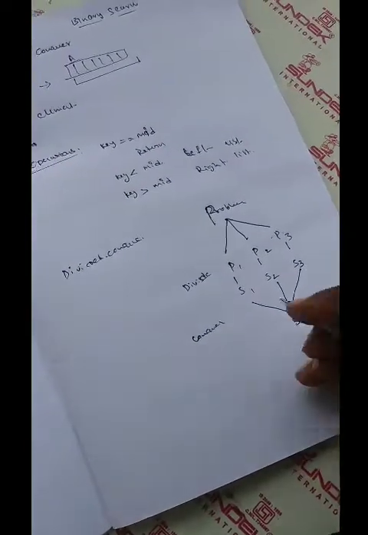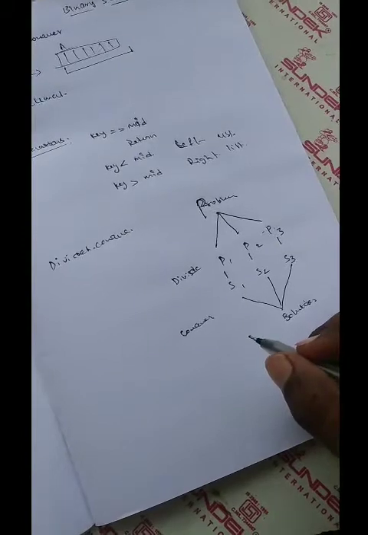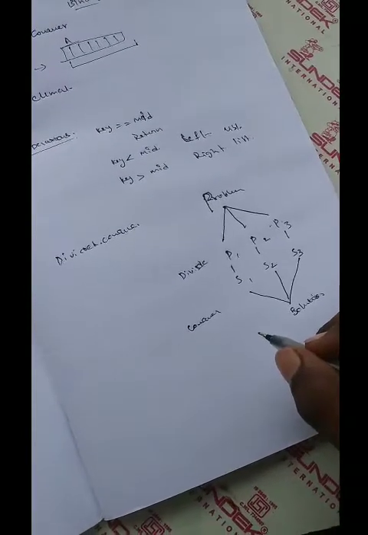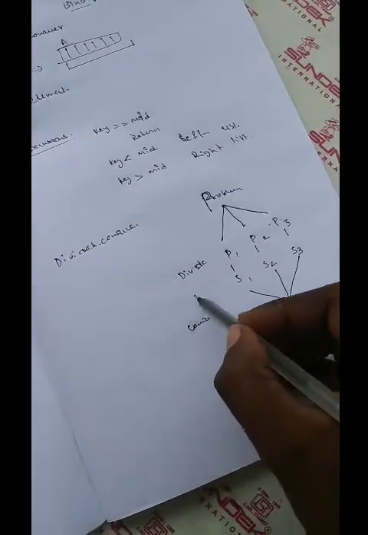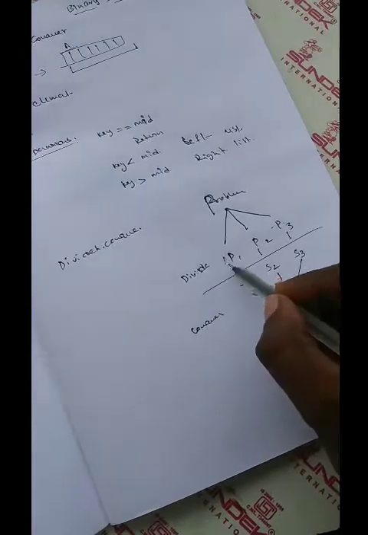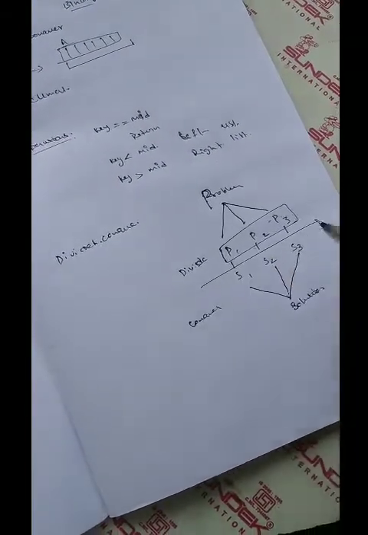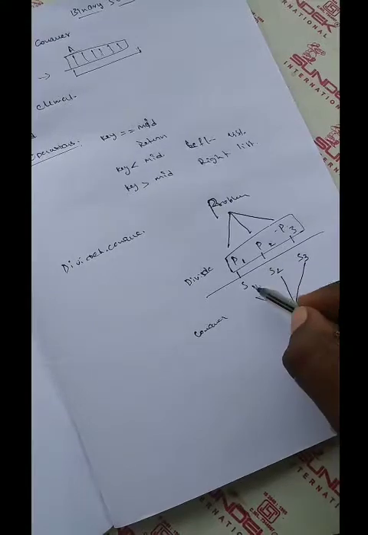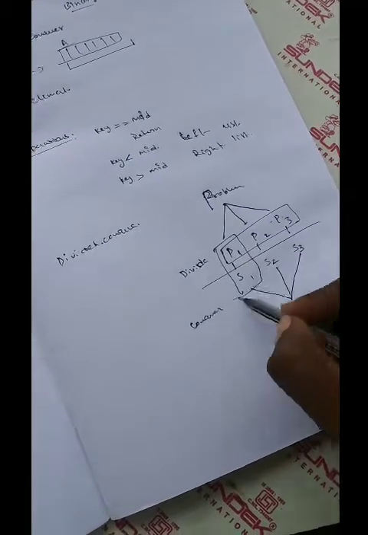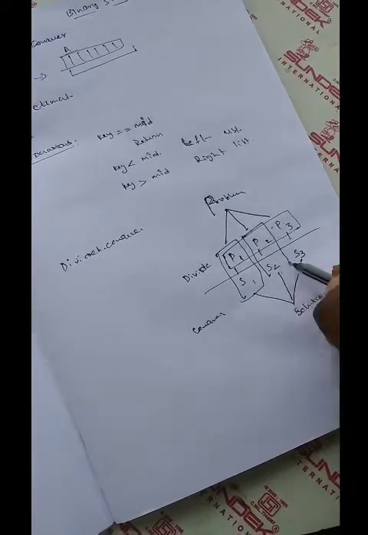So the divide and conquer method is used to solve a problem by dividing it into multiple small problems and solving each individually. Each problem is solved and we get its solution.